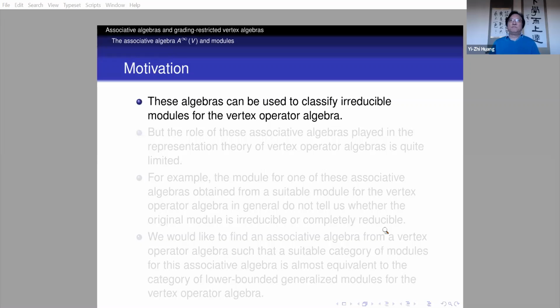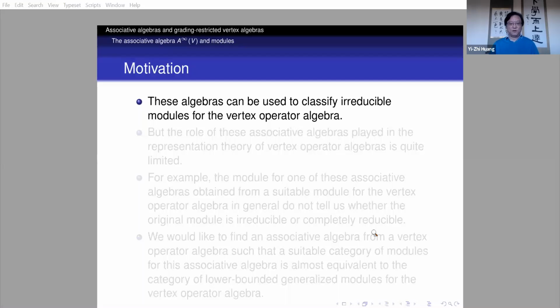I think the best result is actually given by Dong and Jiang. They actually prove that if the Zhu algebra is completely reducible, then a lower bounded generalized module is completely reducible, but they really cannot prove that an irreducible lower bounded generalized module is grading restricted.